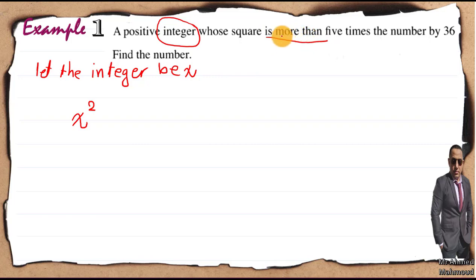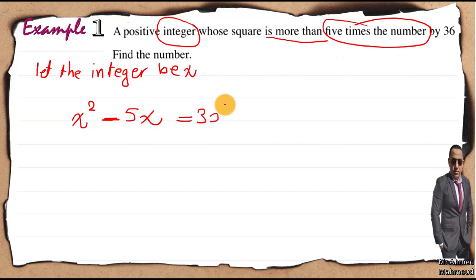If he asks me any comparison, more than, less than, or whatever, the comparison between two numbers always means the difference between the two numbers. So its square is more than 5 times the number means x to the power of 2 minus 5x, by 36, equals 36.